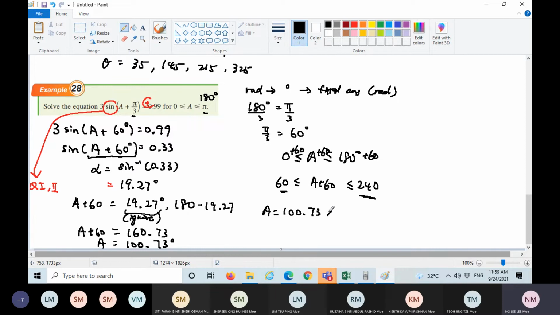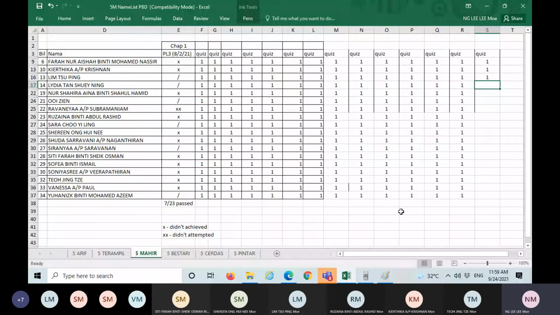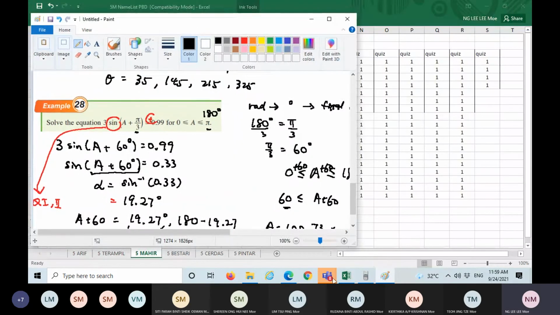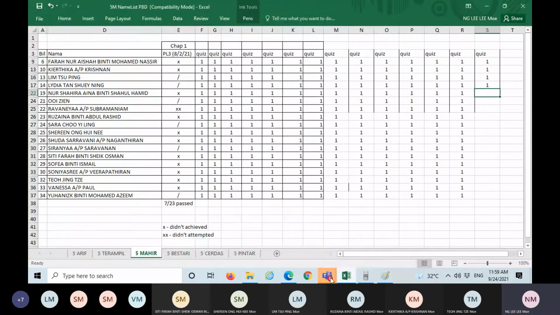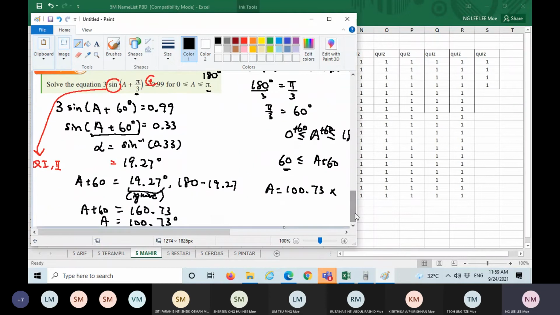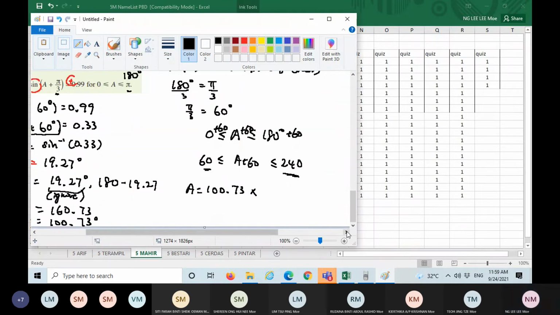How to change it into radian? Next go, Shahira. How to change degree to radian? Times pi over 180. Okay, thank you.